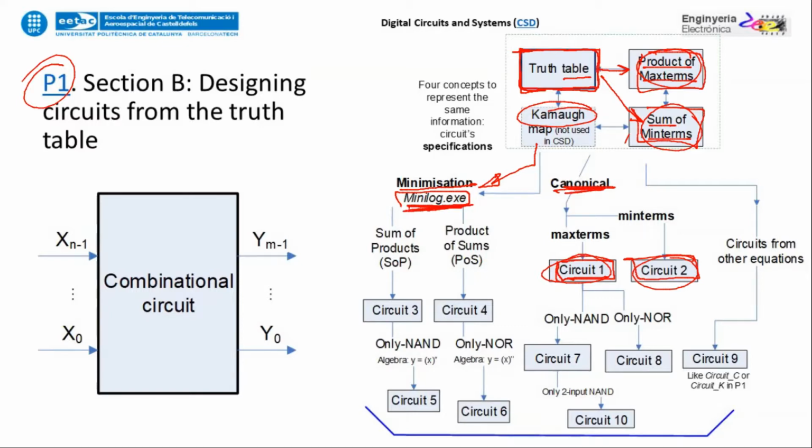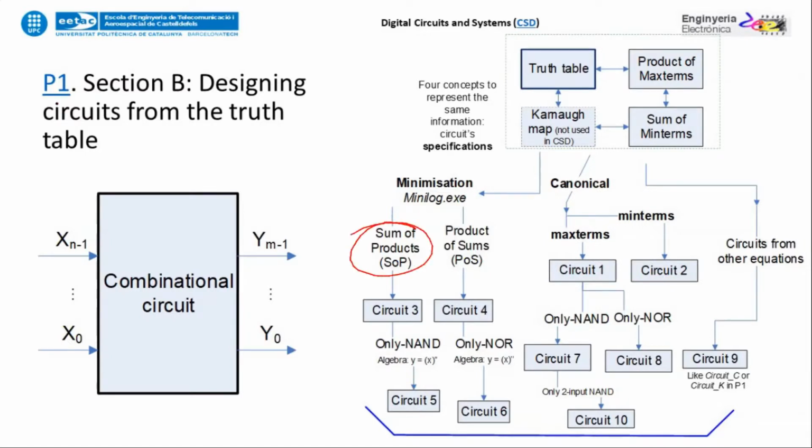Using this application, we will get as a result an equation like the one we have at the beginning, but this time minimized. It is going to be a lot simpler than the original one, which is the product of maxterms or the sum of minterms. So using this application, we'll be able to get two different equations, the sum of products or the product of sums.